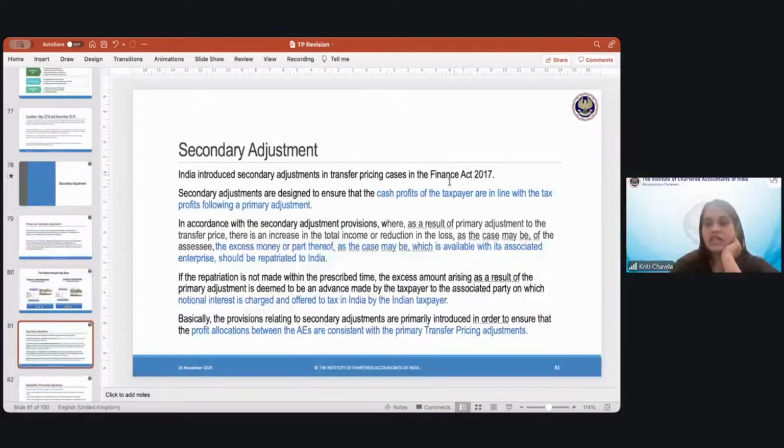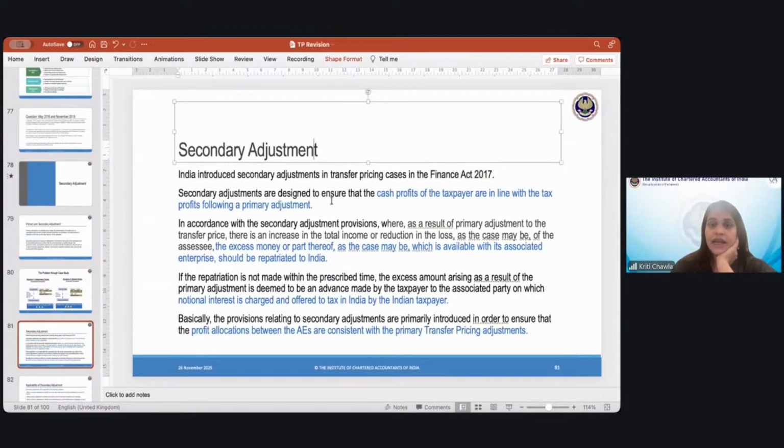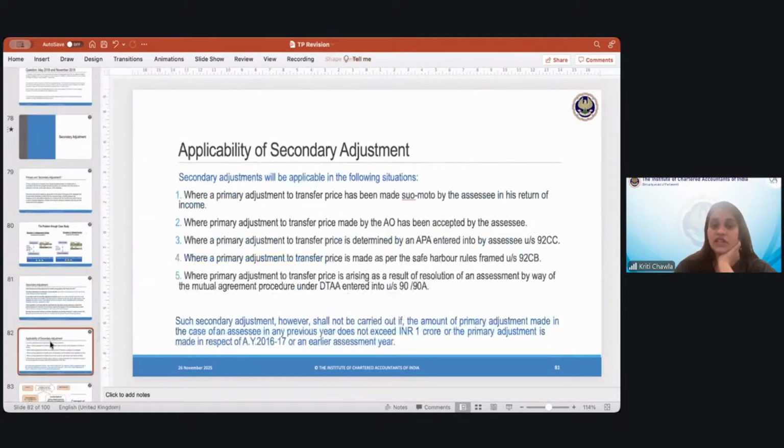Secondary adjustment is applicable from the Finance Act of 2017. This is basically to make sure that the cash profits are in line with tax profits after primary adjustment. And this concept of secondary adjustment is applicable when there is a primary adjustment.